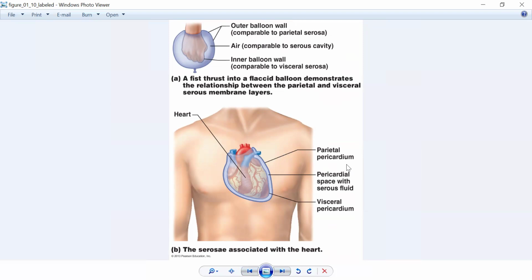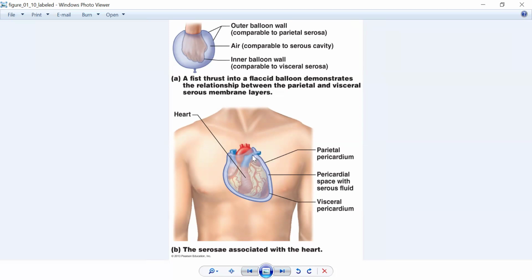The portion of the pericardium that touches the heart gets the word visceral. The part of the membrane that does not touch the heart but lines the cavity gets the word parietal. So visceral is deeper in the body than the parietal part.